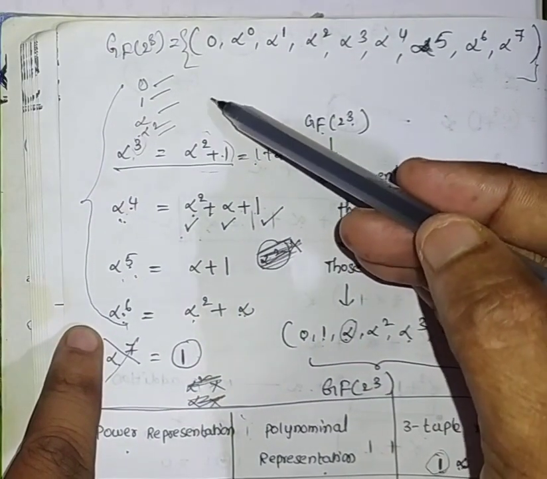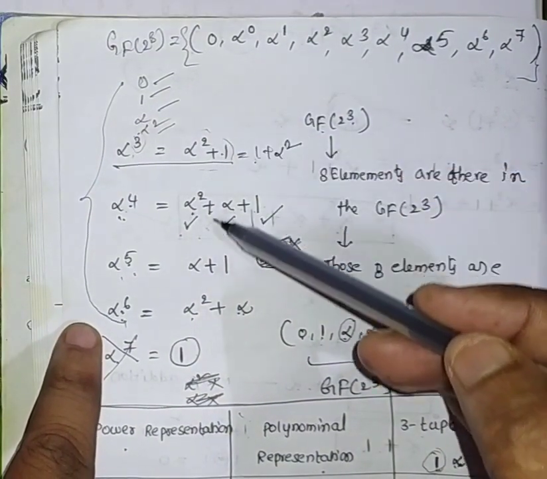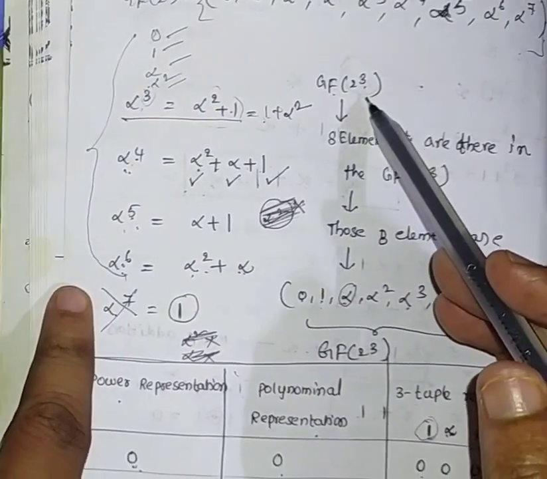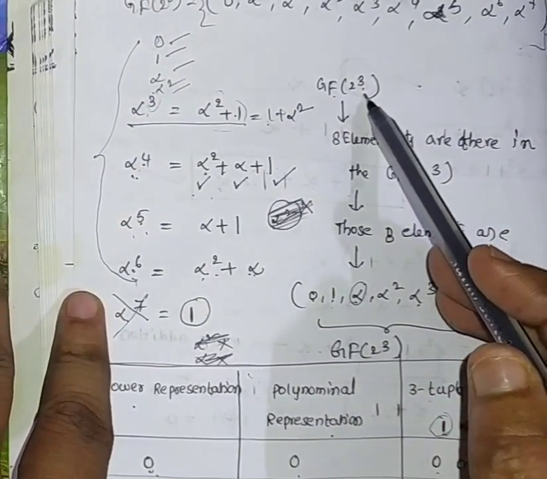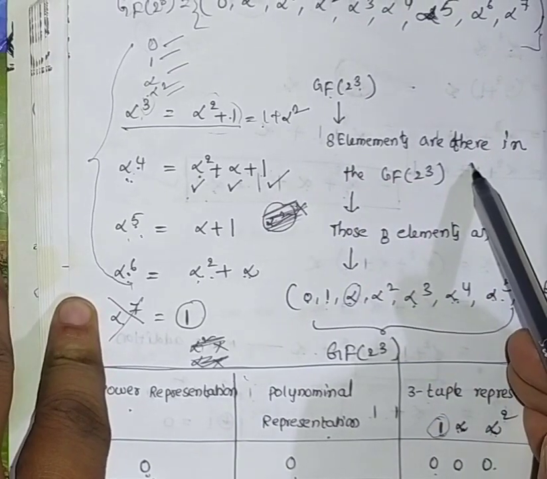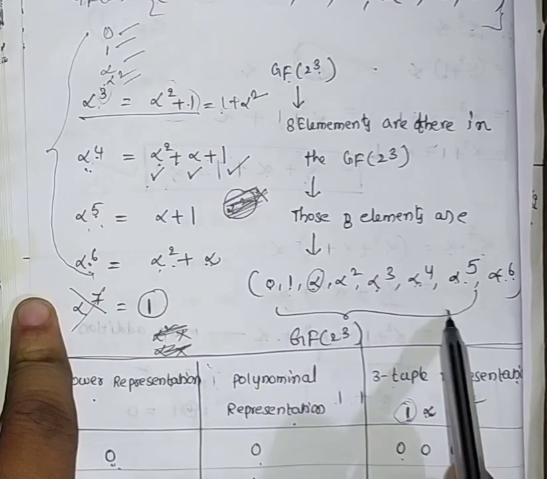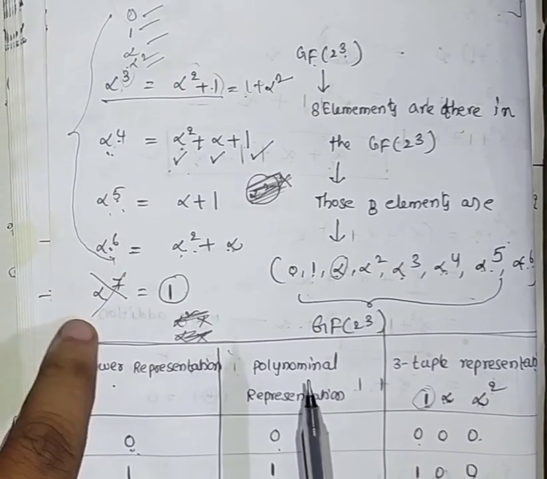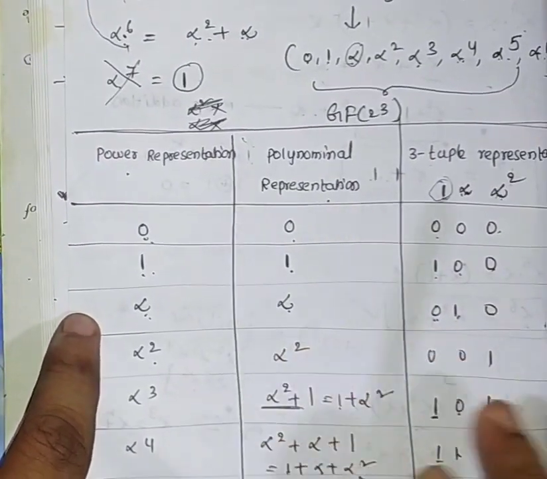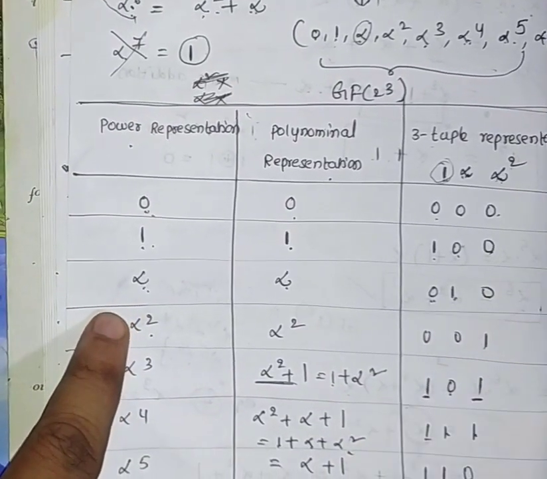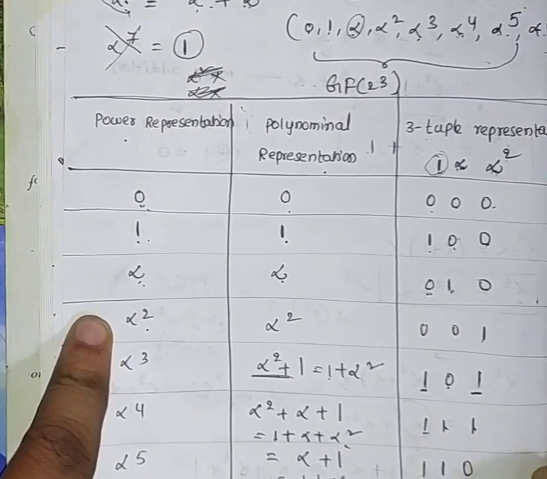Here we already calculated all the 8 element values. Right? In the Galois field GF of 2 power 3, we have 8 elements. Those 8 elements are represented by this one. Right? And now let us consider and I summarize all the results in one table.